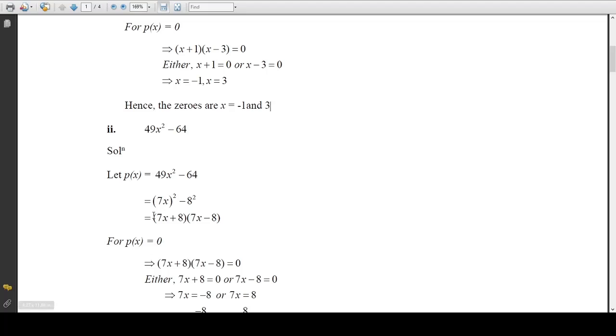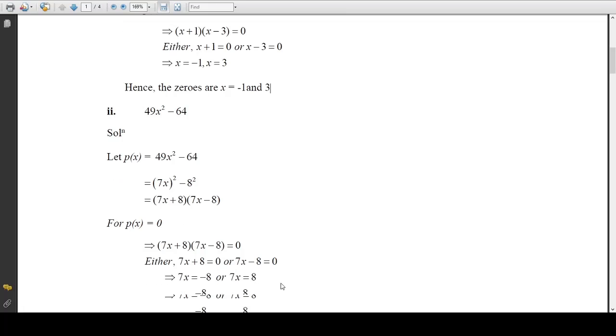which implies that (7x plus 8)(7x minus 8) should be equal to 0. This means either of these two should be 0, that is 7x plus 8 equals 0 or 7x minus 8 equals 0. Now taking 8 to the right side, this plus changes to minus, and the minus changes to plus. 7x equals minus 8 or 7x equals 8.